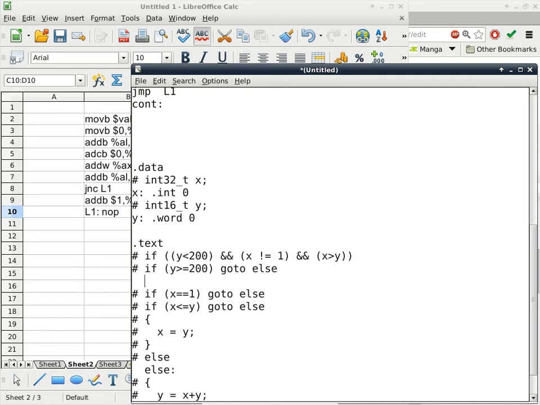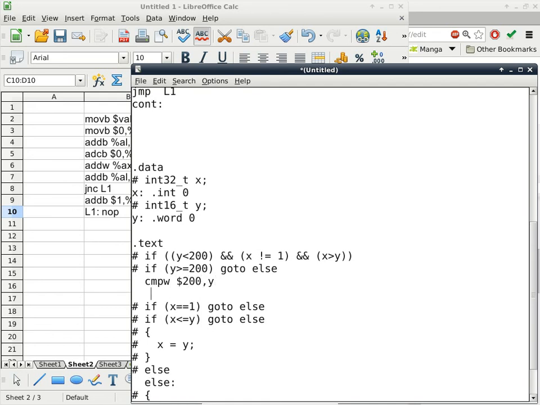Once we have something that looks like this, we can boil this down to just a compare instruction. Now you have to be careful, because you have to look at the actual type of y in this case. Y is a 16-bit integer, so you have to use the right width for the comparison instruction. In this case, it is CMPW for 16-bit comparison, comparing 200 to y, and we say jump if greater than or equal to, or not less than.